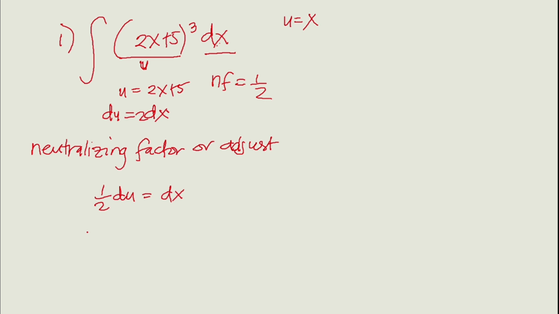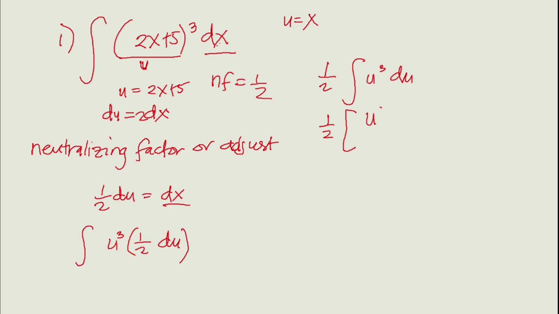By the use of this part, we have the integral of u cubed times the value for our dx, which is 1/2 du. If we integrate, move the constant outside: 1/2 times the integral of u cubed du. So we have 1/2 times u raised to 3 plus 1 over 3 plus 1, plus c.